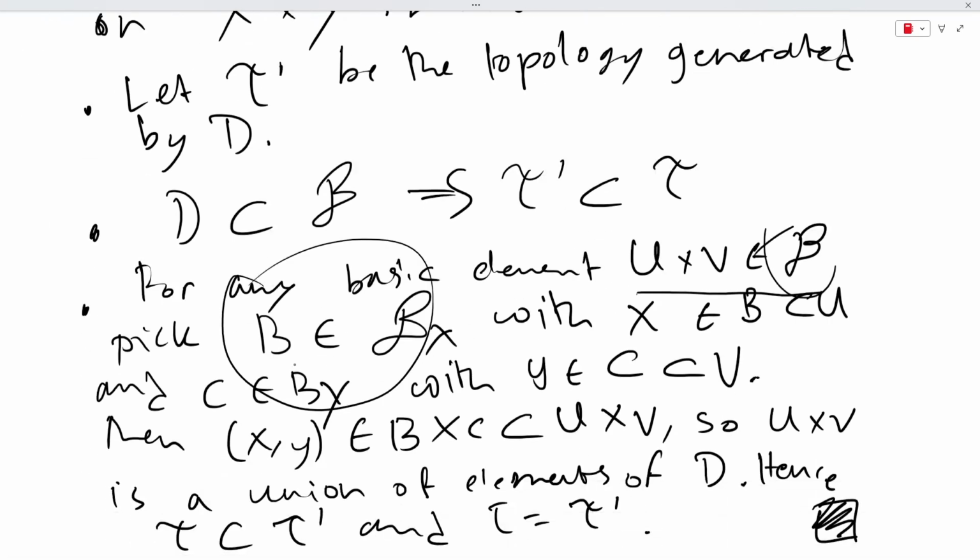We picked P in B_X, the basis for the topology tau X, with some element x that lies in P and which is contained in U. Since it's a basis, we can always pick that point like that, and then we also did the same for y.